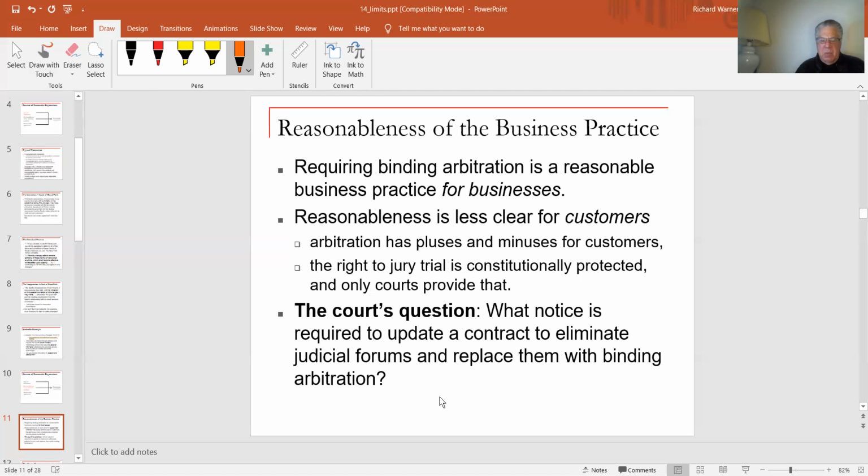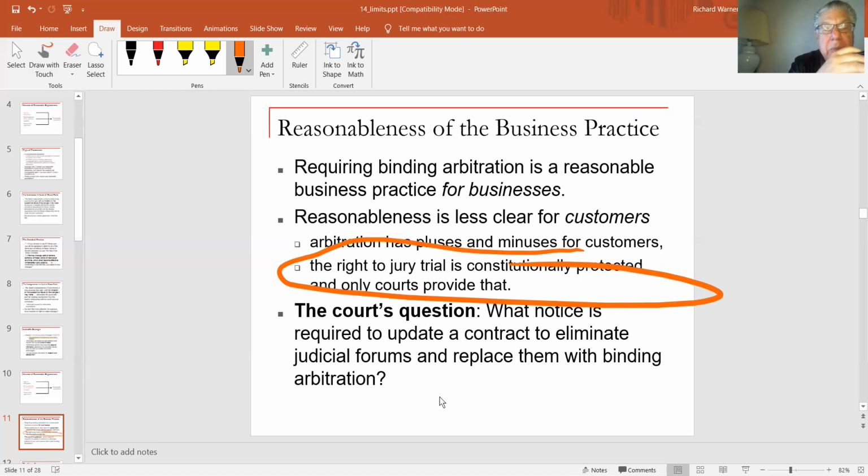They take the position that this is a very major change. And they say, yes, you can make a major change this way, but you have to give effective notice to consumers.